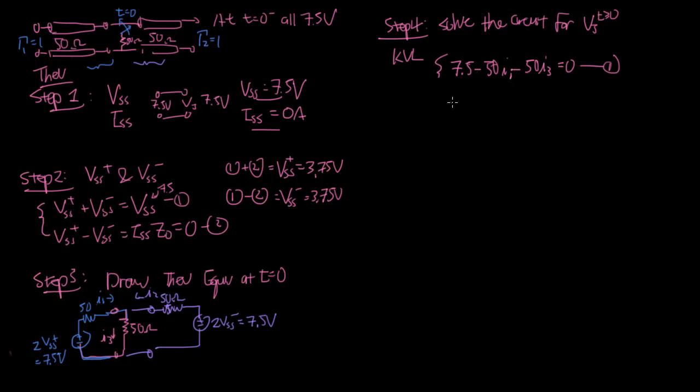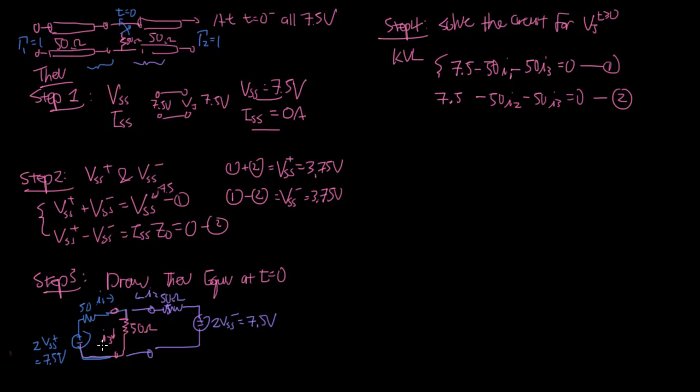So that'll be our first equation. And then the next equation, let's look at this other loop here. We'll have 7.5 volts minus 50 I2 minus 50 I3 is also going to be 0. It's going to be equation 2.